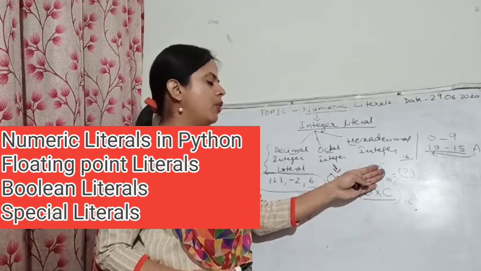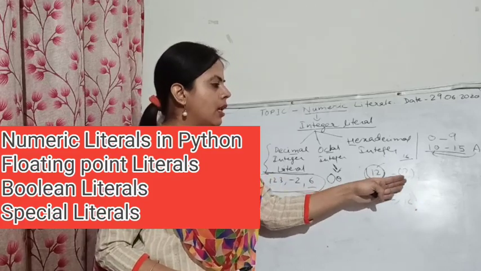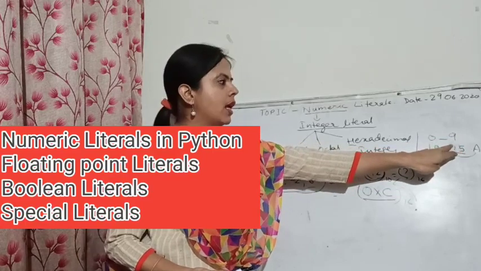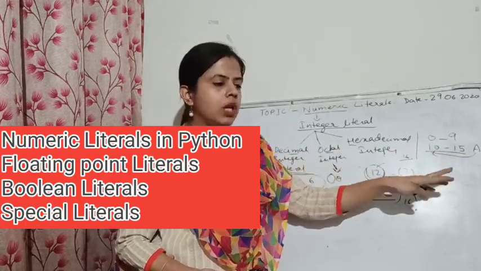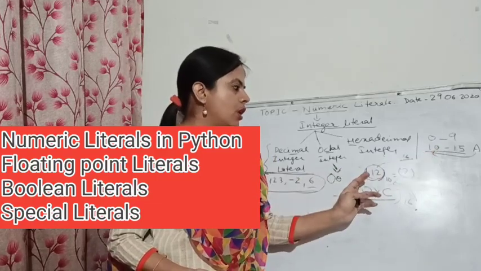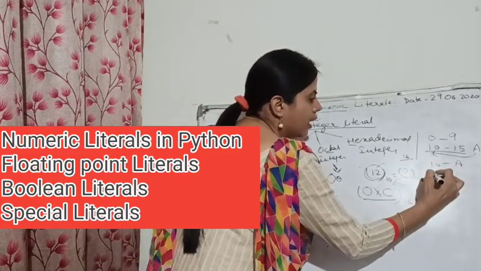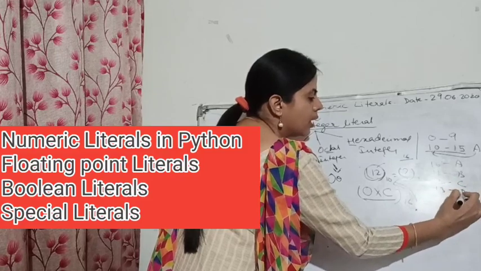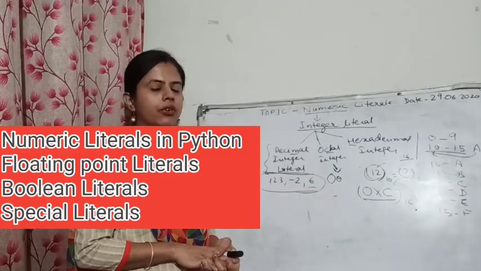Now if the value is long, then you have to divide it by 16. Whatever value you get, you can write it like this. If you get a remainder between 0 to 9, you write the remainder as it is. If you get a remainder between 10 to 15, you write the letter. And if the value is already between 10 to 15, you can directly write the letter. So 10 represents A, 11 is B, 12 is C, 13 is D, 14 is E, and 15 is F. Those are the types of integer literal.